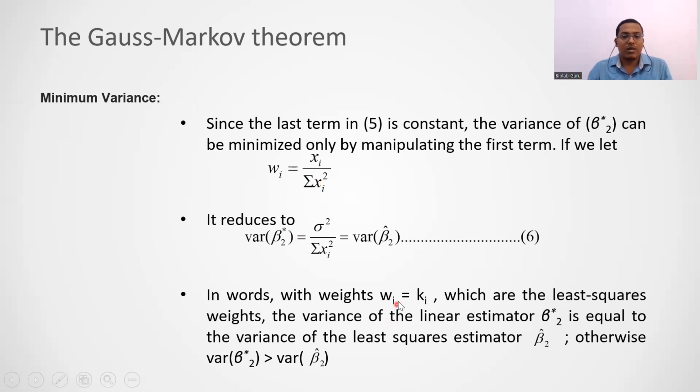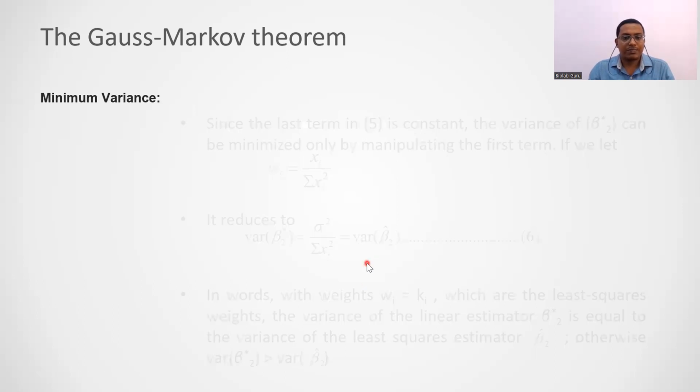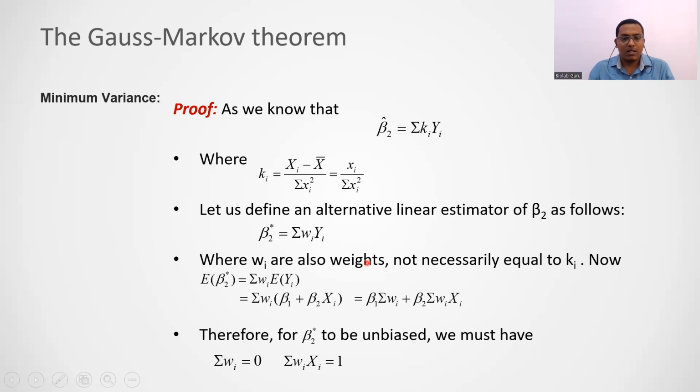In other words, with weights wi equal to ki, which are the least squares weights, the variance of the linear estimator beta 2 star is equal to the variance of the least squares estimator beta 2 hat. Otherwise, the variance of beta 2 star, the alternative estimator, is greater than the variance of beta 2 hat, because there is this added term.